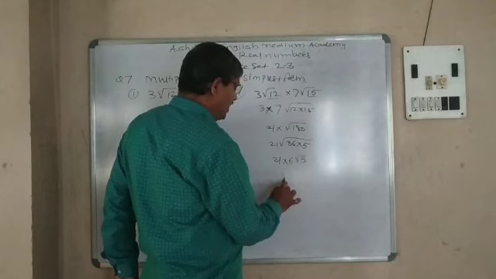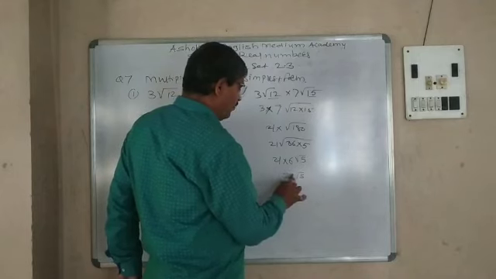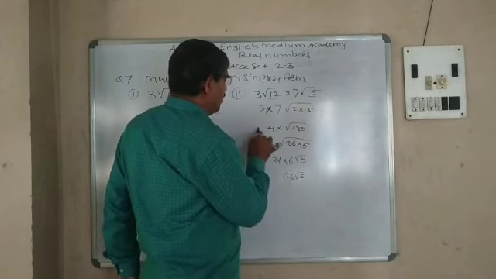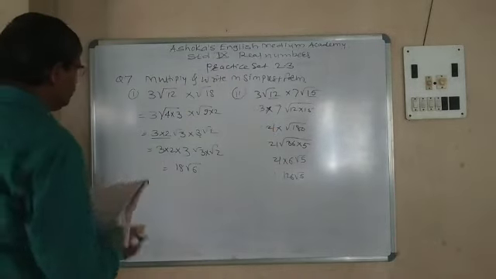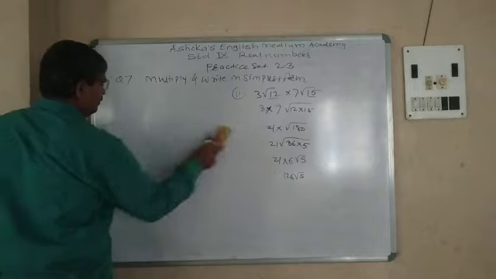And 21 6s are 126 under root 5, which is the answer. You may write an equal sign or a therefore sign. Okay, now question number 3.